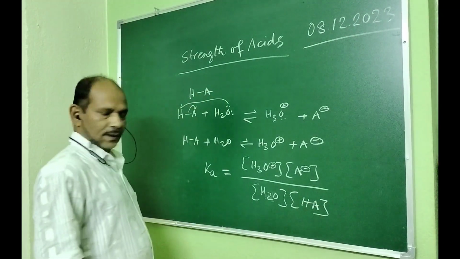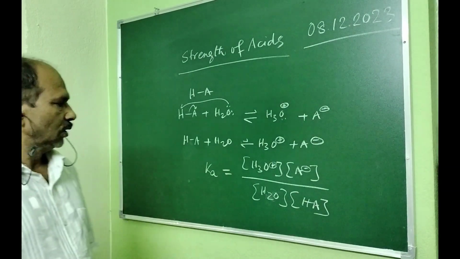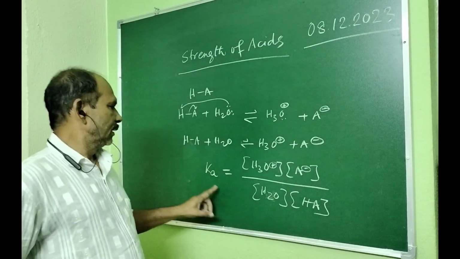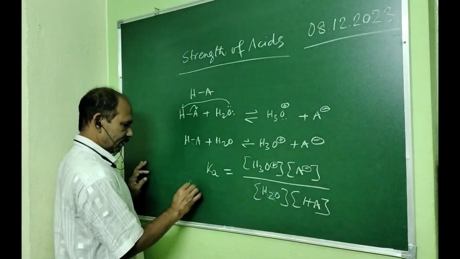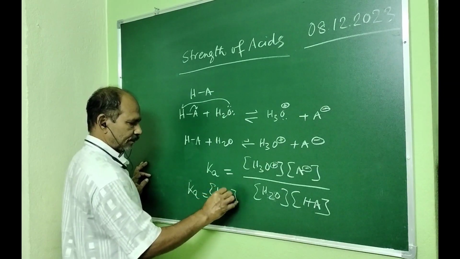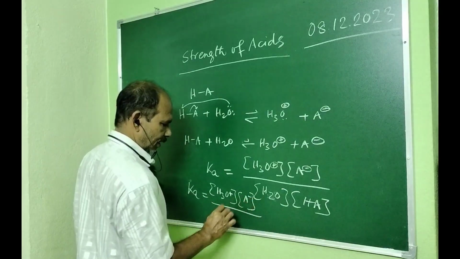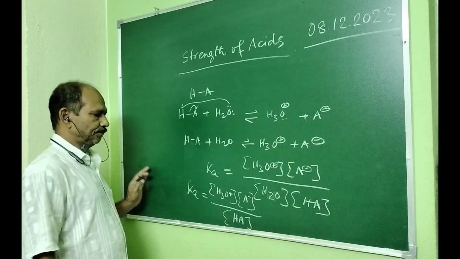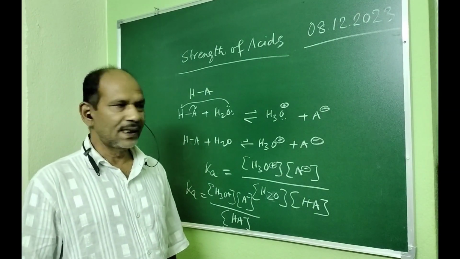As water is present in a huge amount, the change in concentration of water does not change the equilibrium constant. So it actually appears as K equals the concentration of H3O+ times A minus divided by the concentration of the weak acid. This is the equilibrium constant for the weak acid, that is K.